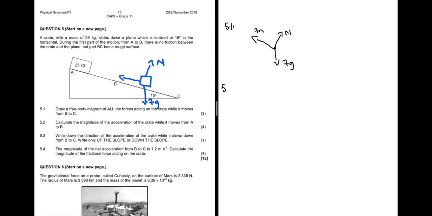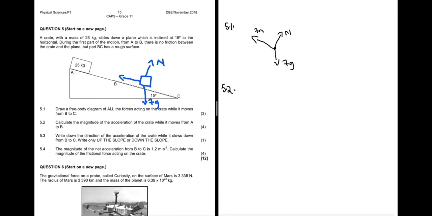5.2. 5.2 says calculate the magnitude of the acceleration of the crate while it moves from A to B. So the best way of solving this kind of problem, you have to draw a free body diagram first so that you can have a good idea of what's going on.